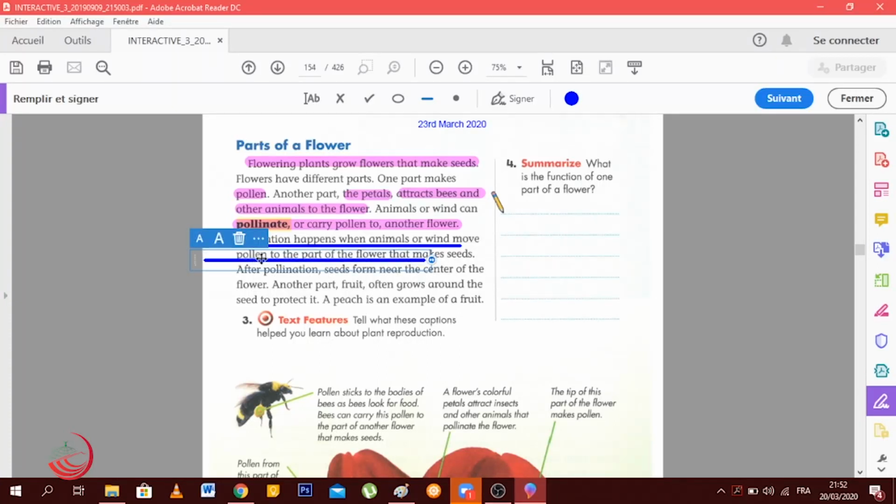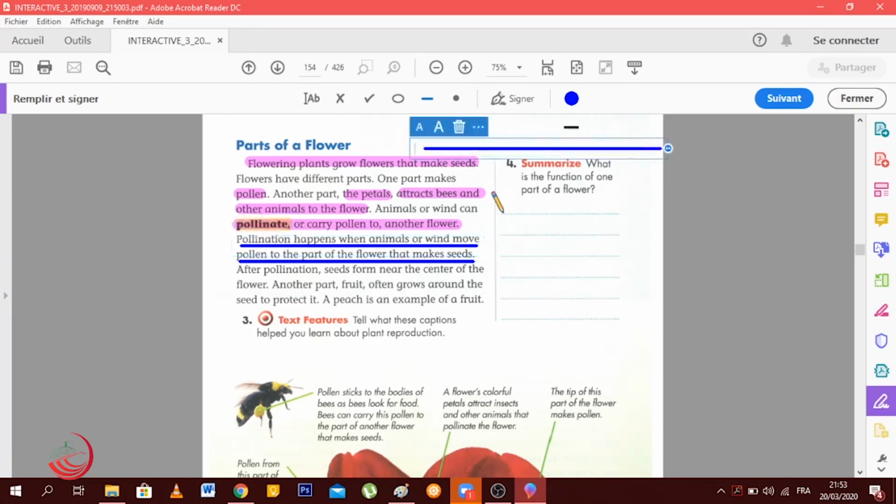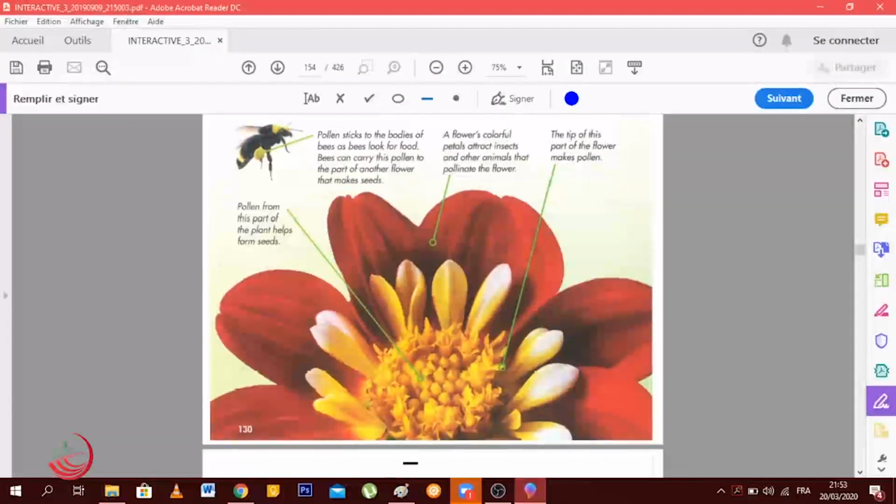So the pollen moves from one flower to another, and that helps the flower make seeds. So let's go back here. When the pollen comes here, this bee is bringing the pollen from another flower, and it brings it to this flower. So here the flower takes the pollen and starts making seeds.